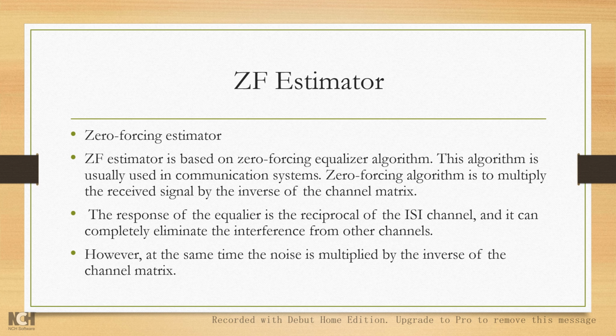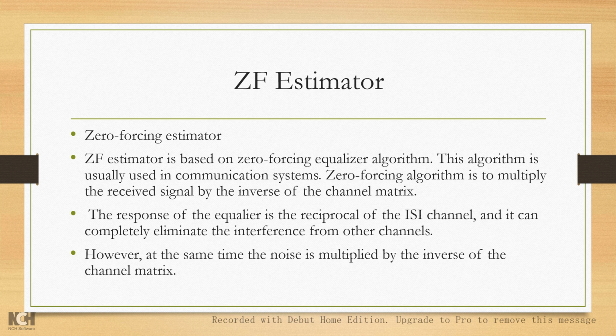The ZF estimator, also called the zero forcing estimator, is based on the zero forcing equalizer algorithm. This algorithm is usually used in communication systems. The zero forcing algorithm multiplies the received signal by the inverse of the channel matrix.